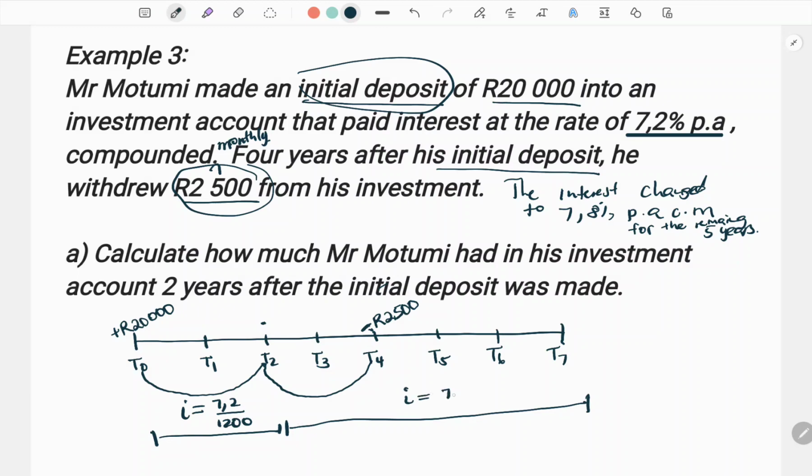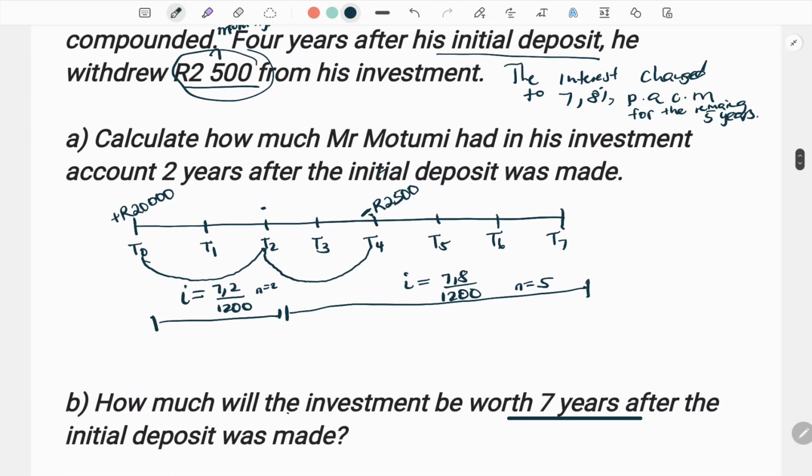To become 7.8 over 12. So be careful. For which number of years? Your n is 5, and for the first 2 years your n is 2. So the whole period is 7 years.